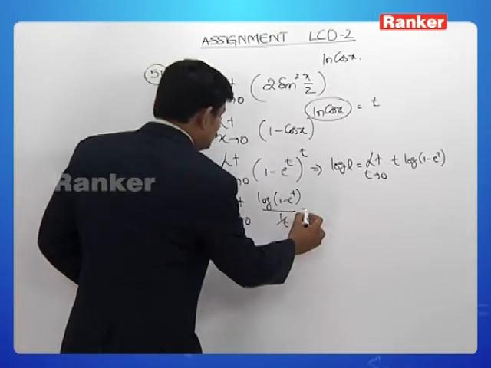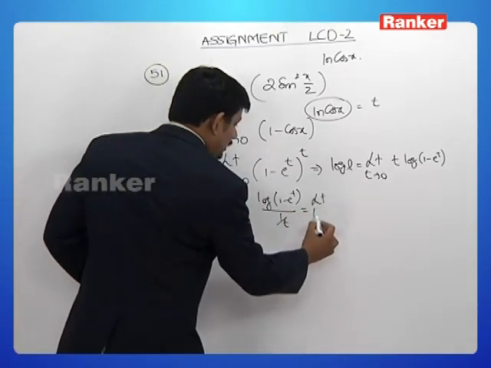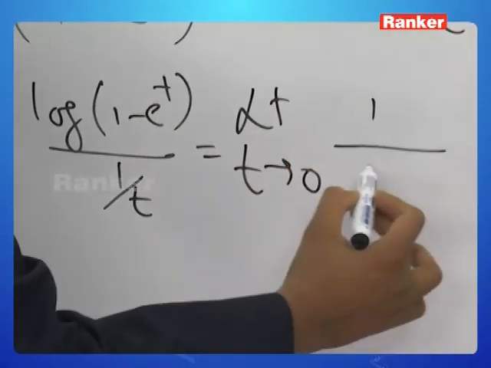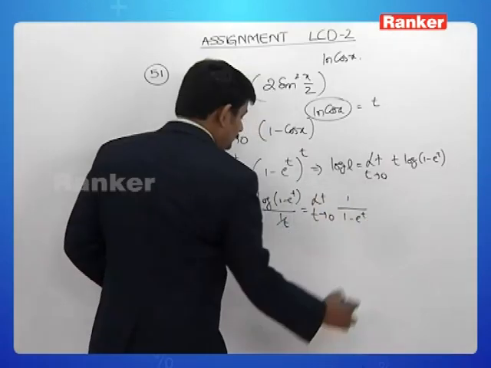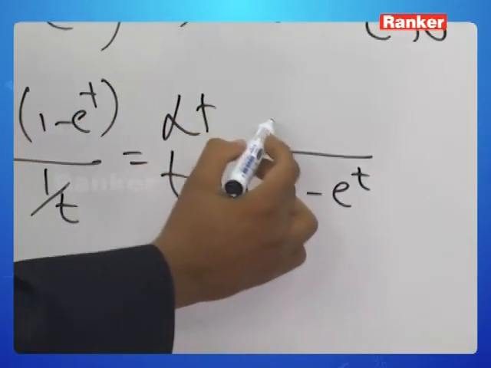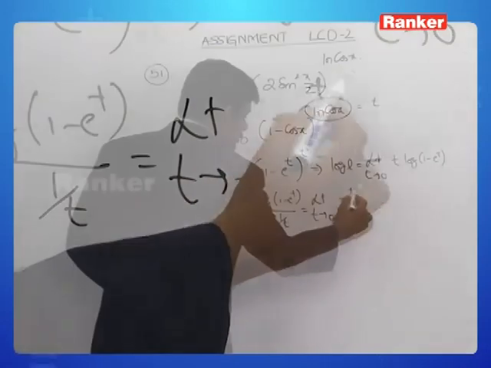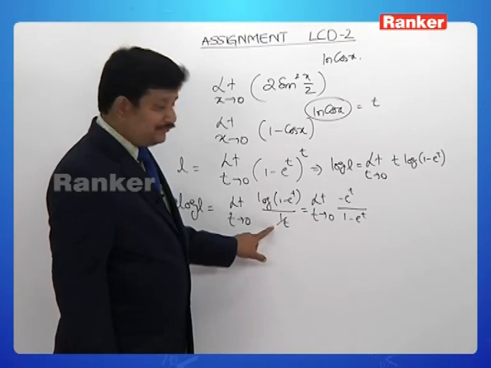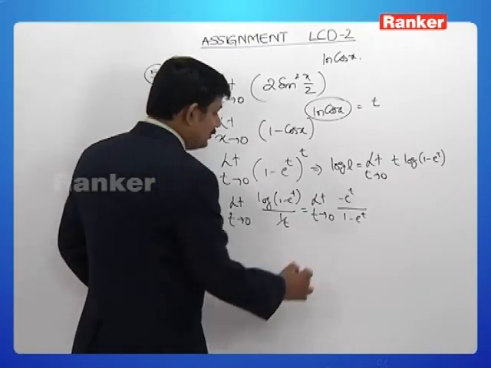Applying L'Hospital rule, this limit would be limit t tending to 0, differentiate numerator: 1 by 1 minus e power t into derivative of 1 minus e power t, which is minus e power t, divided by derivative of 1 by t, which is minus 1 by t square.